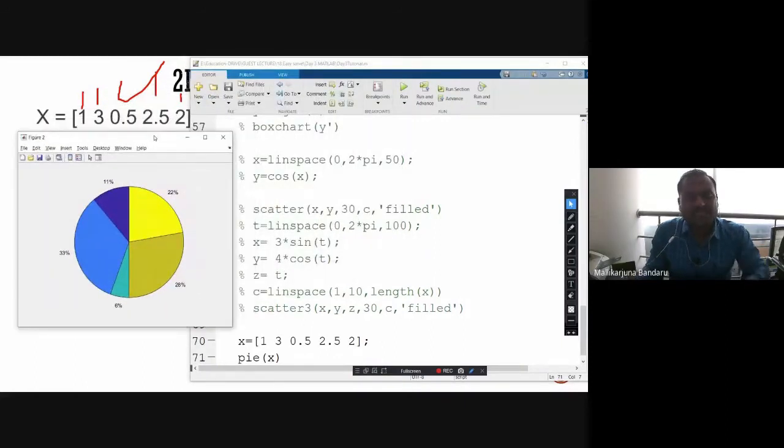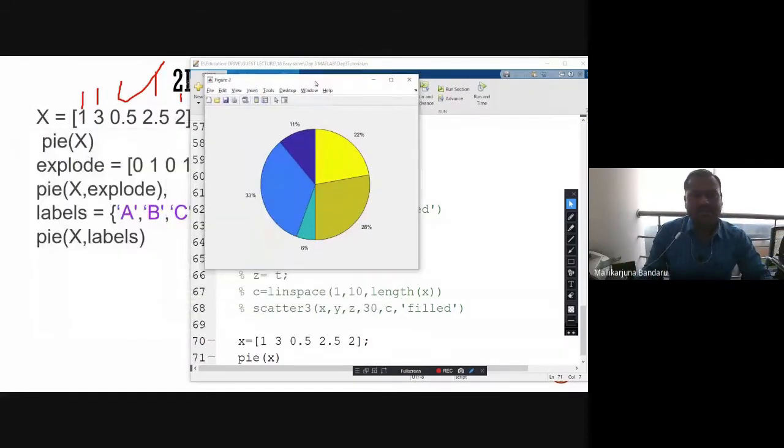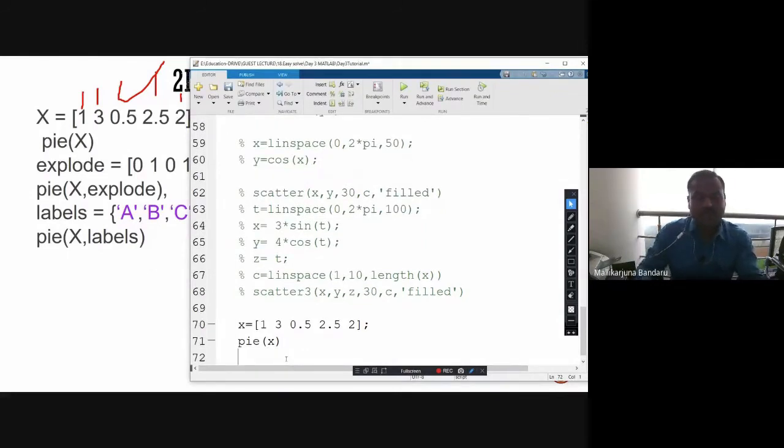But suppose you would like to divide it one by one, you can make that too. Some part you would like to explode. Explode the first one, and you would like to remove the second one. Let us make it all 1, 2, 3, 4, 5, right?